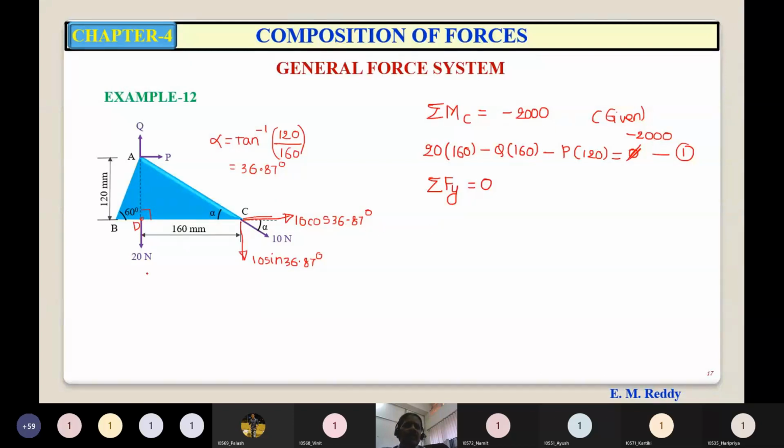So it is 20 acting downwards, minus 20. Q is acting upwards, plus Q. Y component of P is 0. Y component of 10 is minus 10 sin 36.87. This is equal to 0.